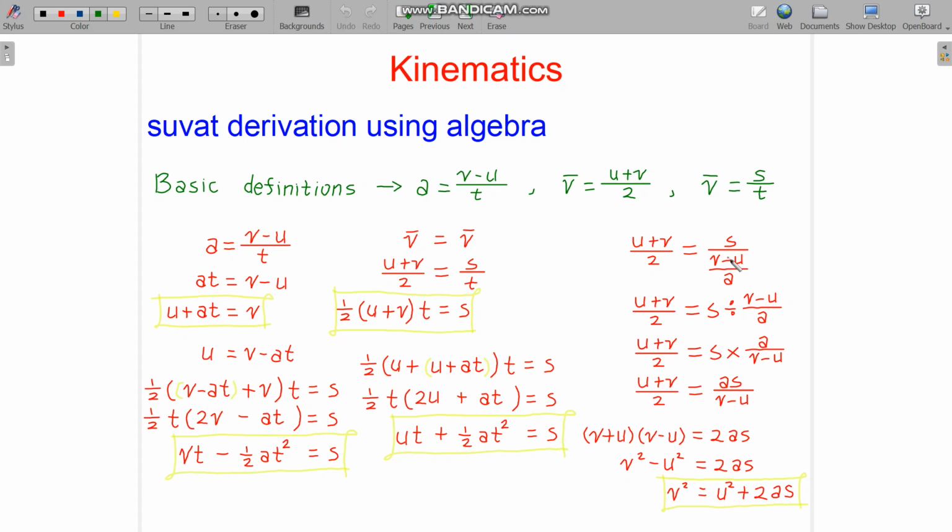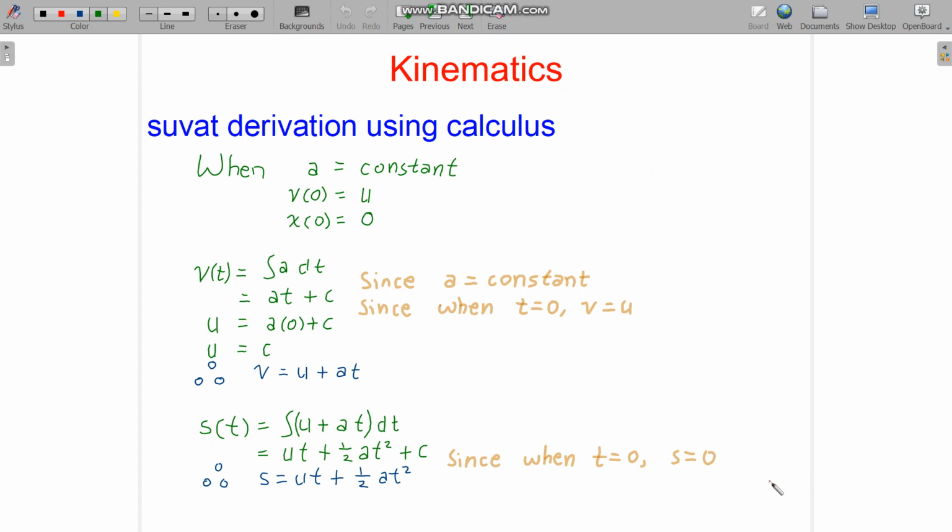So this means we have s divided by (v minus u) over a, which means it's s times a over (v minus u), and a times s is as, and we can cross multiply. We have the difference of 2 squares, v squared minus u squared equals 2as, or v squared equals u squared plus 2as.